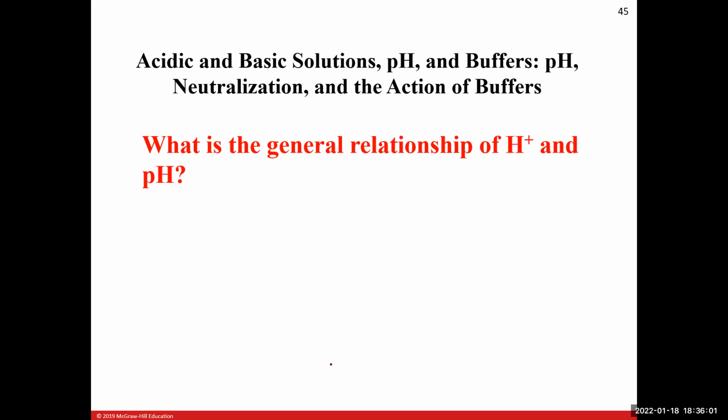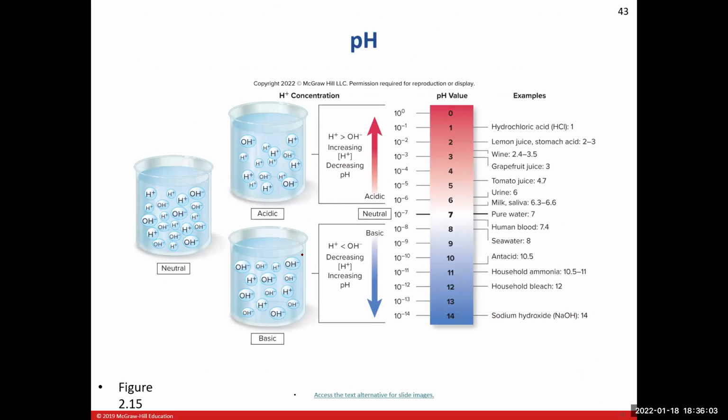If you don't believe me, look at this picture here, and you can see our pH values on our scale. Then look over here at these beakers: the top beaker, which is acidic, has a lot of hydrogen ions, so the pH value is low. In this other beaker, there are very few hydrogen ions in that solution, and so the pH value is quite high.